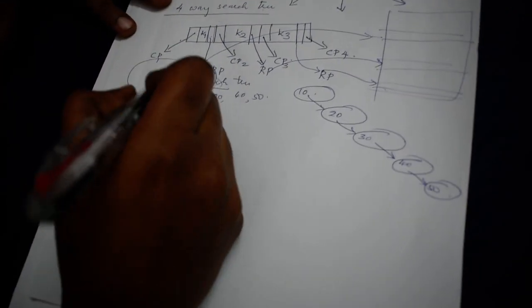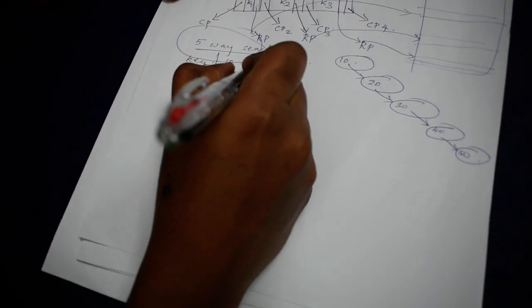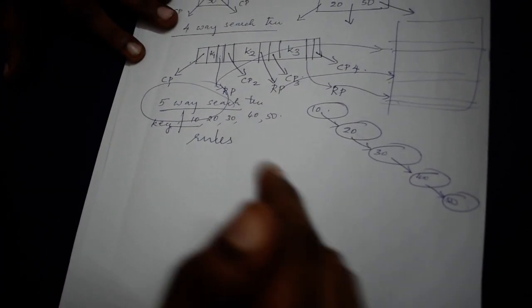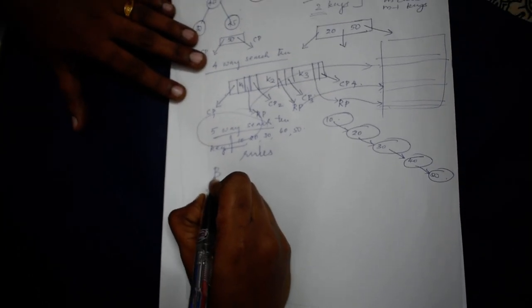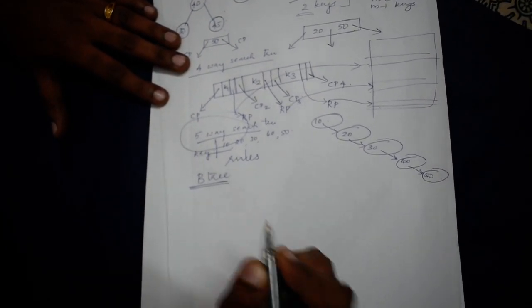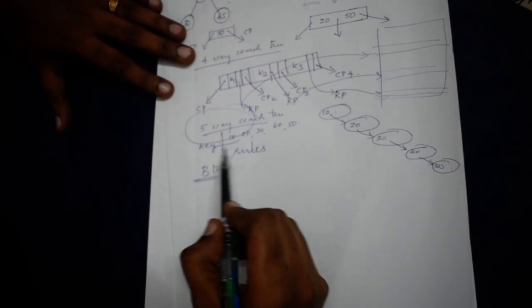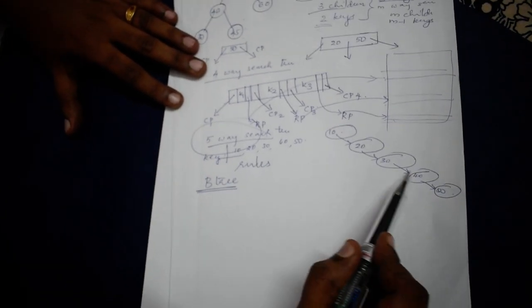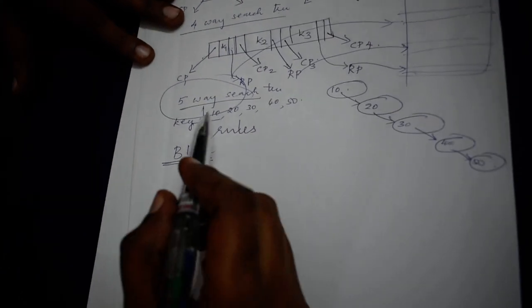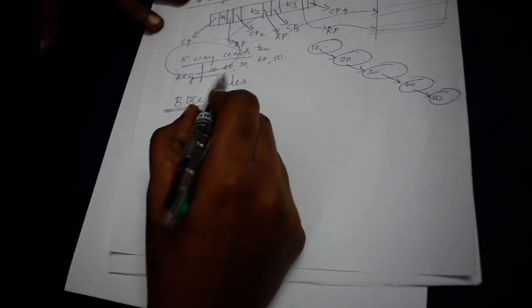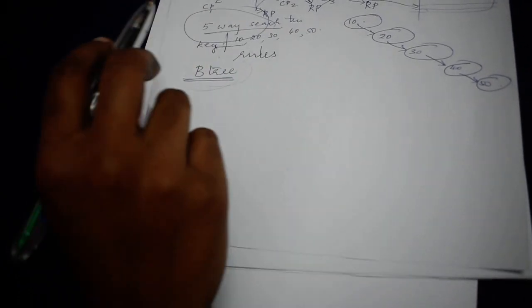So I have to add some rules to this M-way search tree. An M-way search tree plus some rules, we will call it nothing but B trees. Okay, I will repeat: an M-way search tree which has no rules for insertion and deletion of data, an M-way search tree with some added rules, we will call it a B tree.